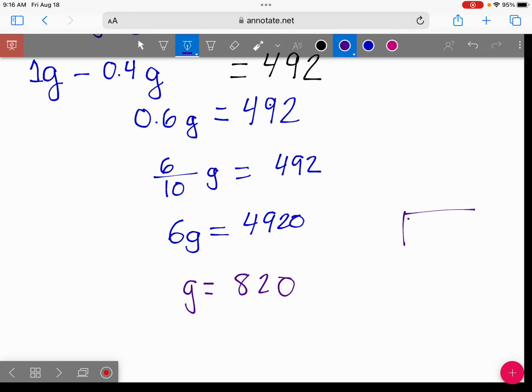You can always do it this way. 4920 divided by 6. 8 gives us 48. 2, 12, 0, 0. Okay? So it should be 820.